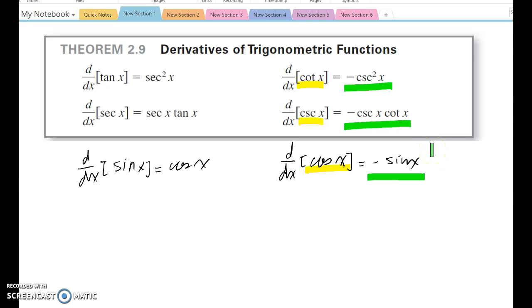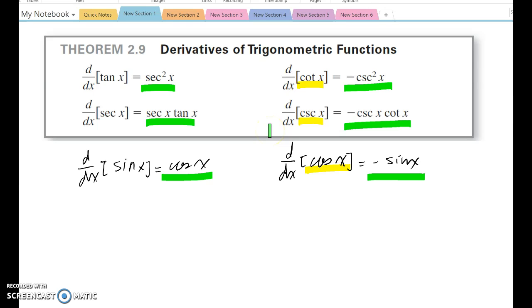So cotangent becomes negative cosecant squared x, cosecant becomes negative cosecant x cotangent x, cosine becomes negative sine x. But the other families, tangent, secant, sine, their answers are all positive, as you see here.